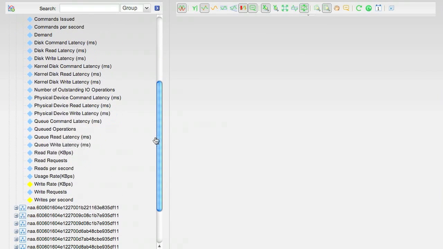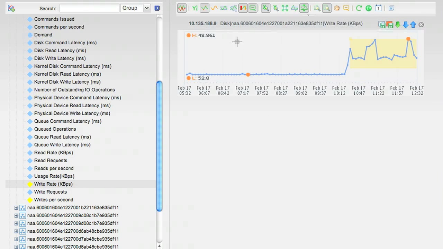What does this yellow indicate? The yellow shows you metrics that are abnormal, the metrics that you should pay attention to. So we see here that our write rate for this data store is abnormal. We can double click and we'll get a more detailed view here.